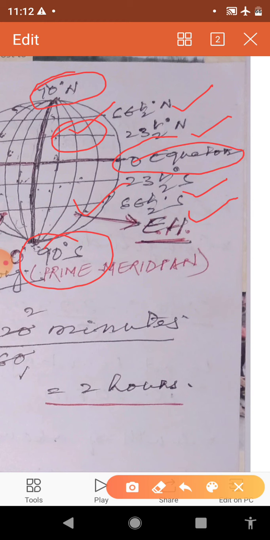In between 23.5 degree north to 66.5 degree north, and 23.5 degree south to 66.5 degree south, these two zones receive moderate temperature, and these two zones are known as temperate zones, or you can call them the northern temperate zone and the southern temperate zone.